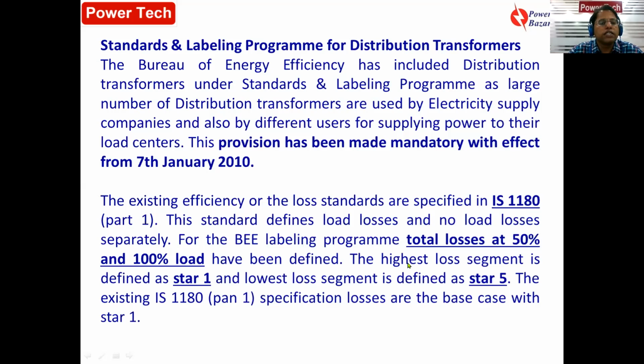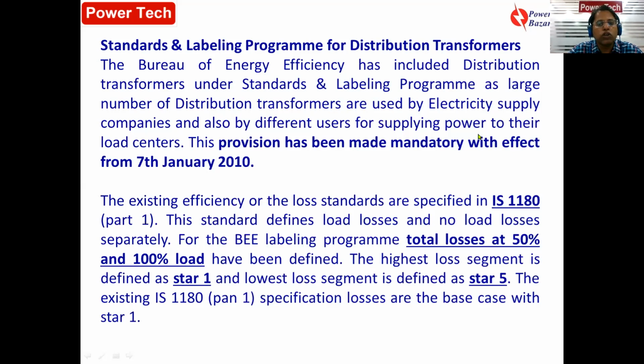If your losses are very low, then it will be given a 5 star rating by the Bureau of Energy Efficiency, and if the losses are very high, then you will be given 1 star. So 1 star and 5 star. And IS 1180 is applicable to the standard and labeling program of distribution transformers.